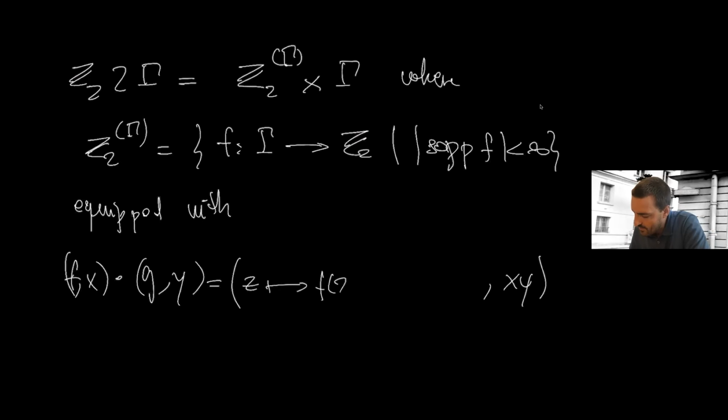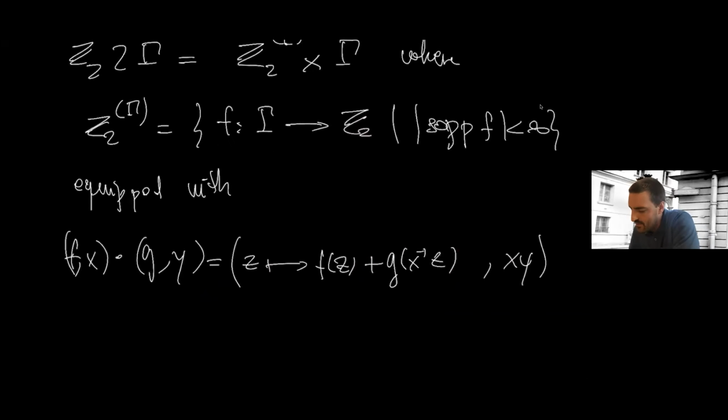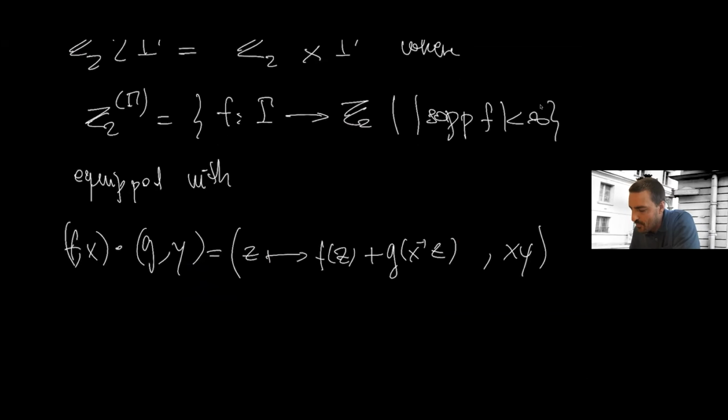You're going to look at f of z plus g applied to the element x inverse times z. This is a little twist compared to the classical operation on the group, but this has a strong influence on the geometry and the algebraic properties of the group.